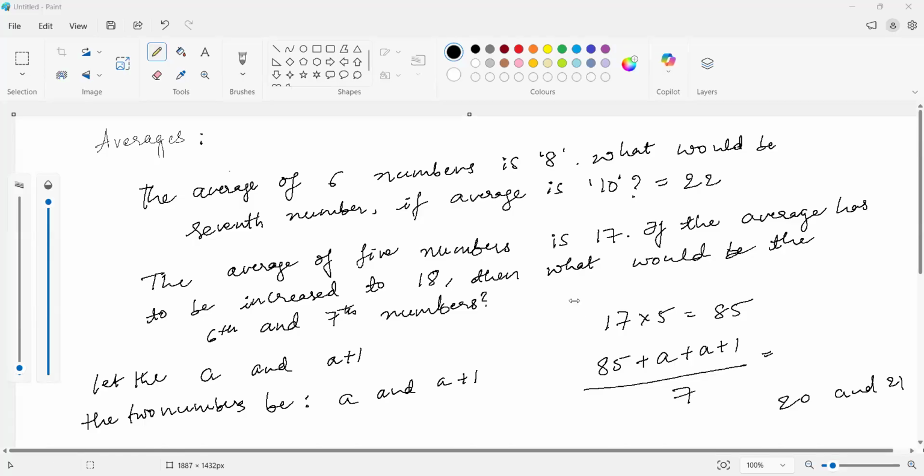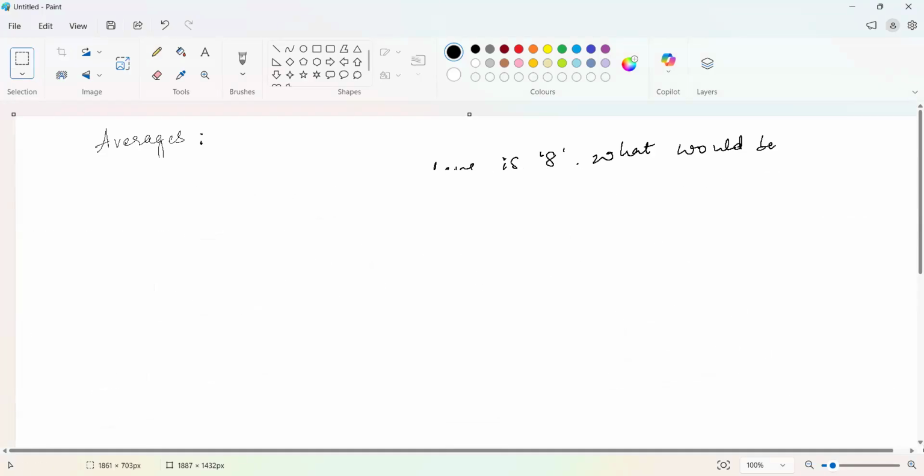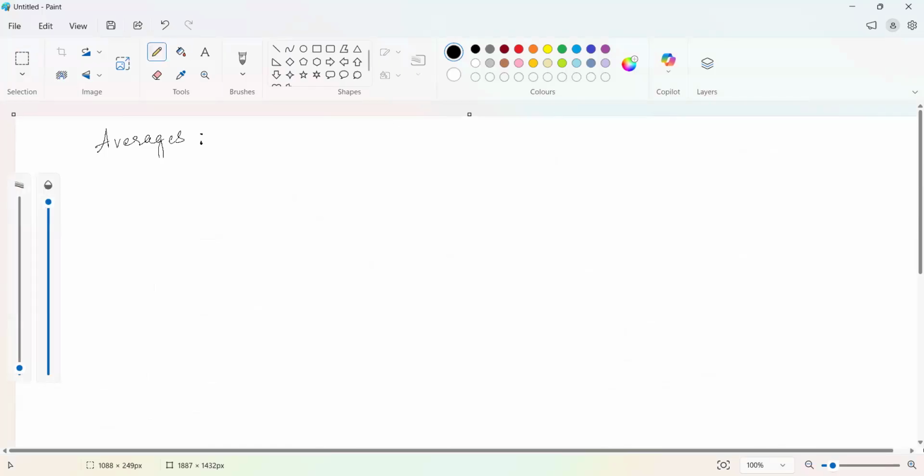Yes, correct. Since they have not given any data, we'll just assume them as consecutive numbers.